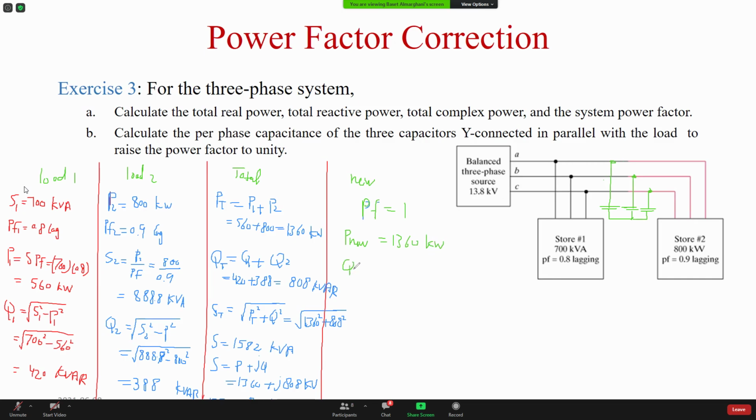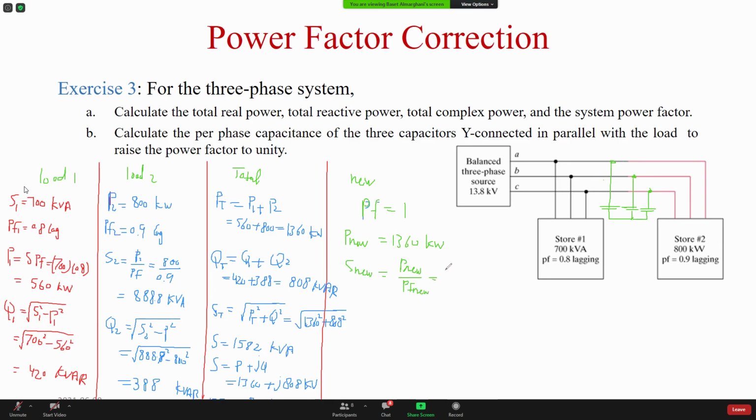Q new, before that let me just do S new as P new divided by power factor new.